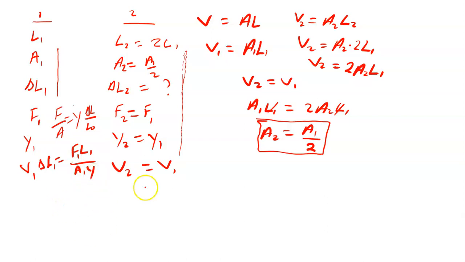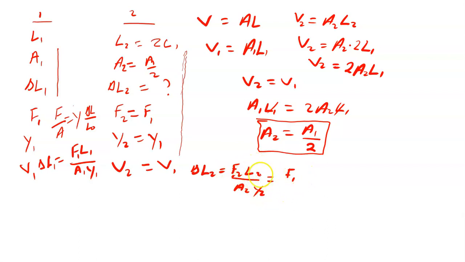Then for the second wire, the change in L2 will be equal to F2 L2 over A2 times the Young modulus. Now this F is the same, so you can just say F1, and put 1 there, put 2 there.